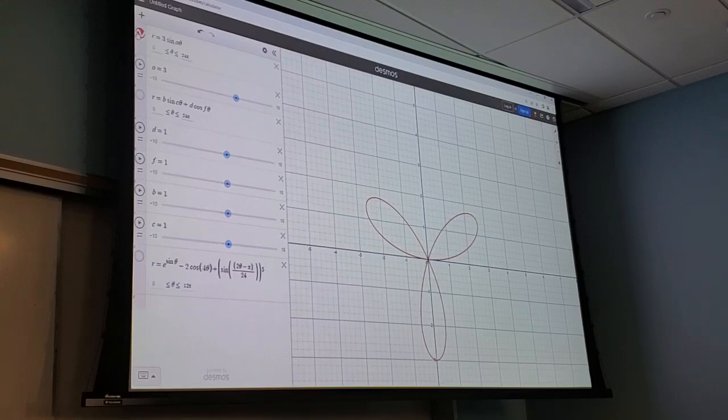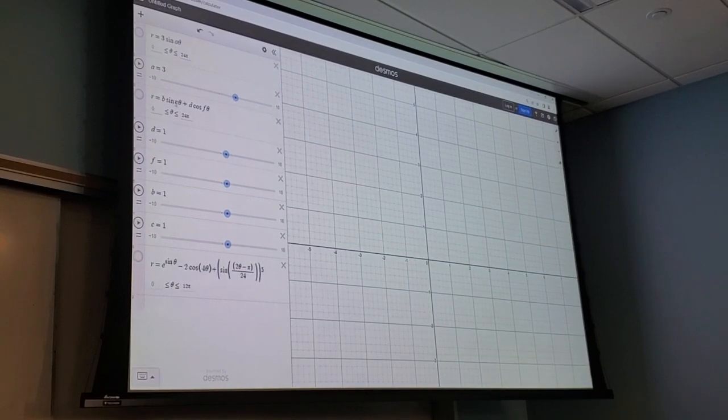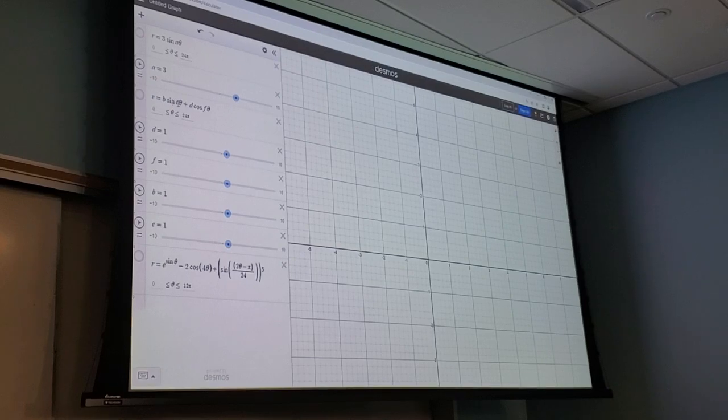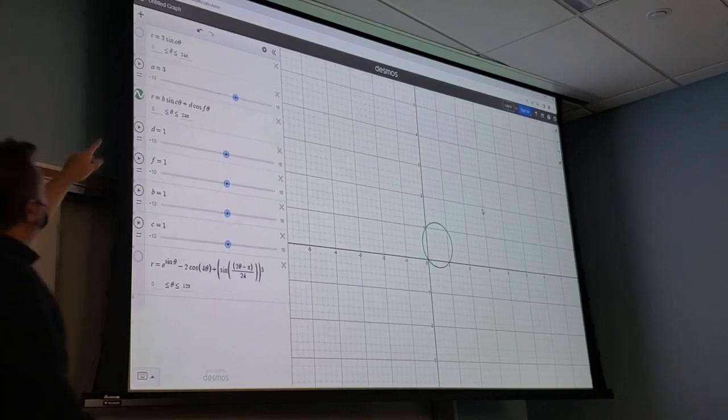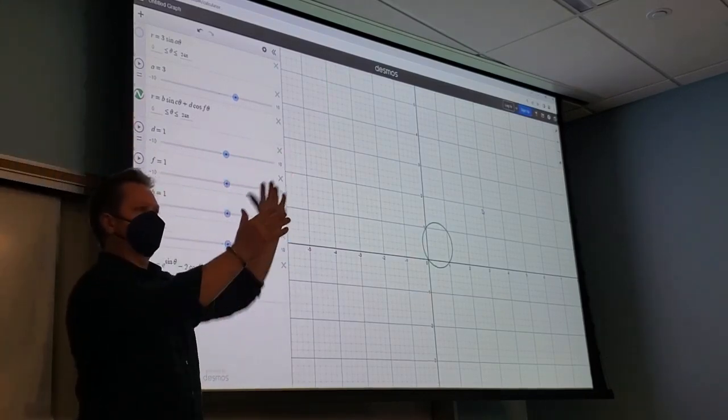So look at this equation real quick. I have b sine c theta plus d cosine f theta. I can control b and d. I can control c and f. So if I just leave them all at 1, I get a circle. Why does it make sense that it's not on the y or the x-axis? Because it's made up of both sine and cosine.